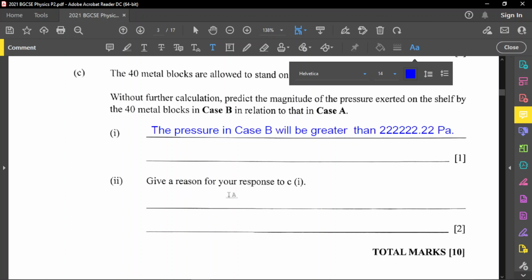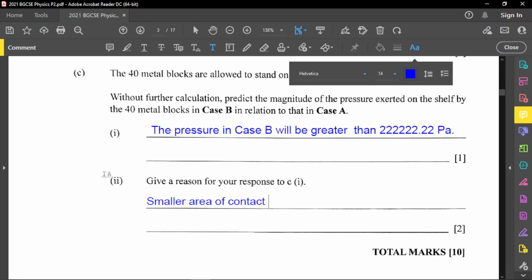And the concept right here is that smaller area of contact, all right, smaller area of contact with the same force, because remember now the weight will be the same.